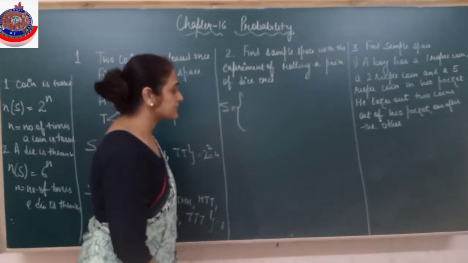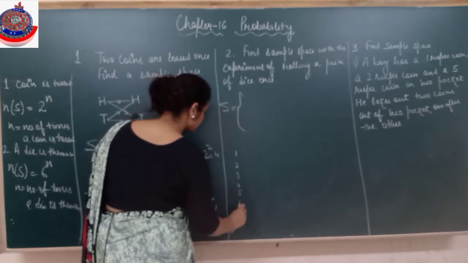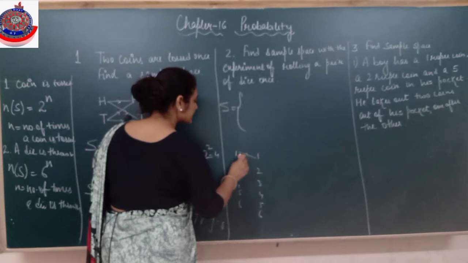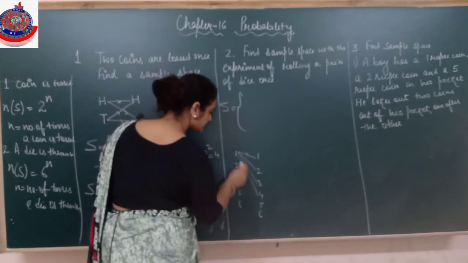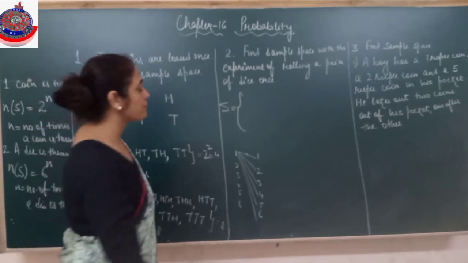पहले dice में क्या क्या आ सकता है. First die can have 1 2 3 4 5 6. Second die can also have 1, 2, 3, 4, 5, 6. तो 1 के साथ combinations, same 2 के साथ combination, 3 के साथ combination, 4, 5 and 6.